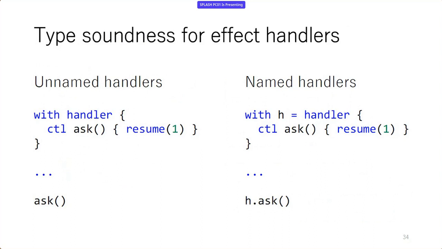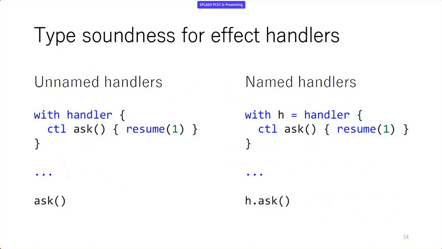That is, if a program is judged pure, then it cannot get stuck by performing an operation that has no matching handler. In a language with named handlers, the association between operations and handlers is determined by names, so we need to make sure that every operation that will be performed at runtime will have a corresponding handler with a specific name.